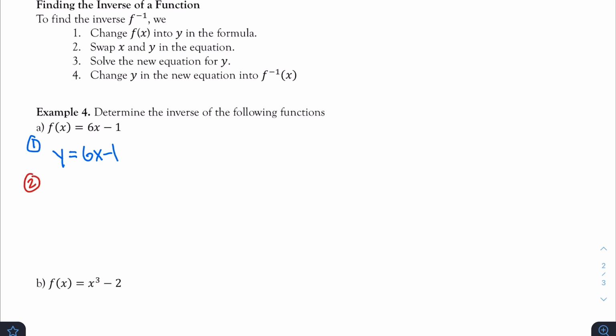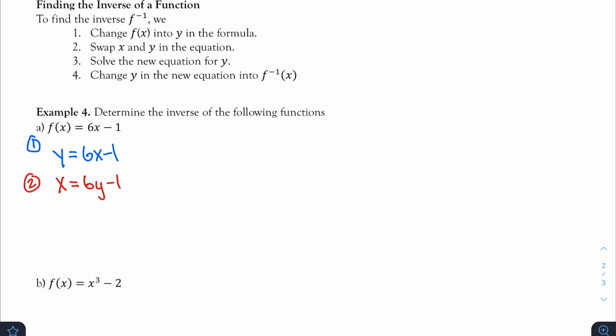That means anywhere there's an x, I make it into a y, and anywhere there was a y, I turn it into an x. In this case, I have x is equal to 6y minus 1. Notice here that I changed my color because I want to indicate that this is no longer the same equation. I have a new equation.